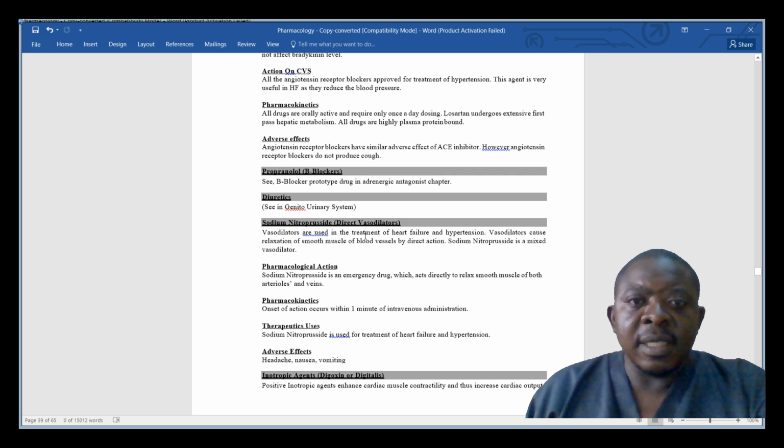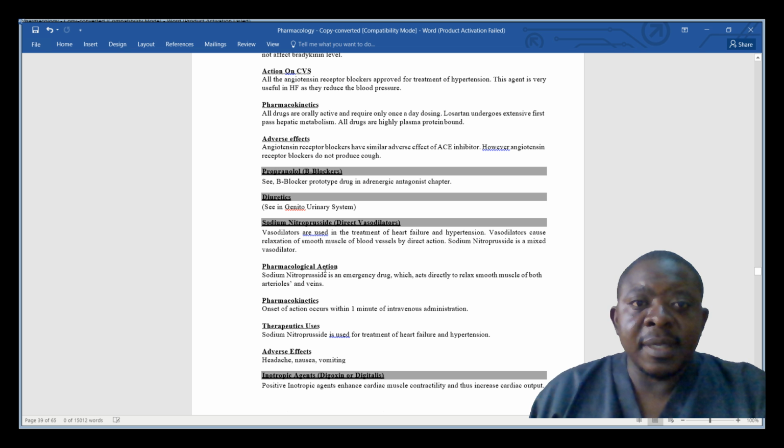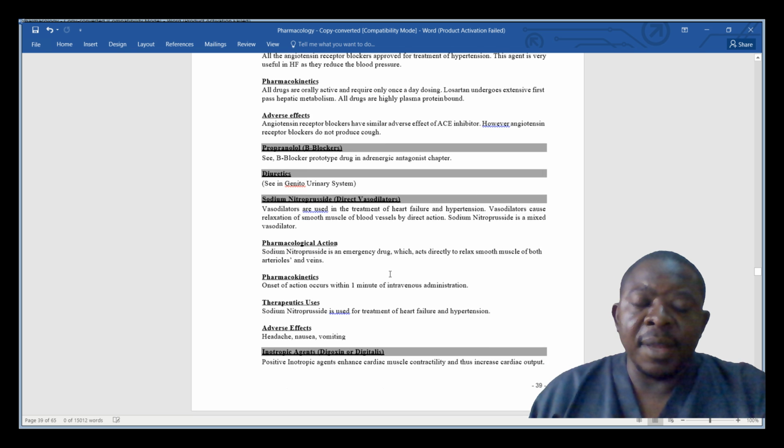Vasodilators are used in the treatment of heart failure and hypertension. Vasodilators cause relaxation of smooth muscle of blood vessels by direct action. Sodium nitroprusside is a mixed vasodilator.